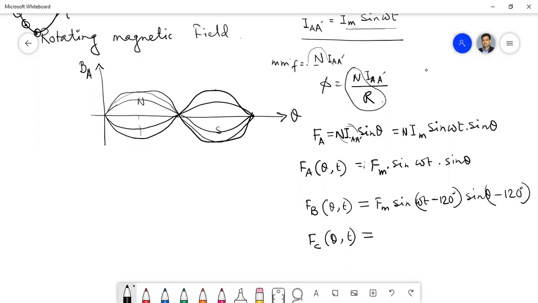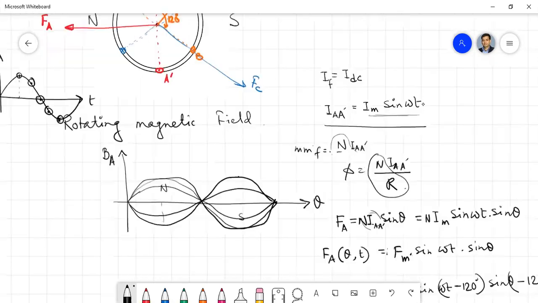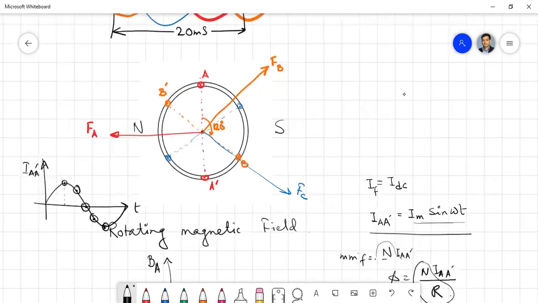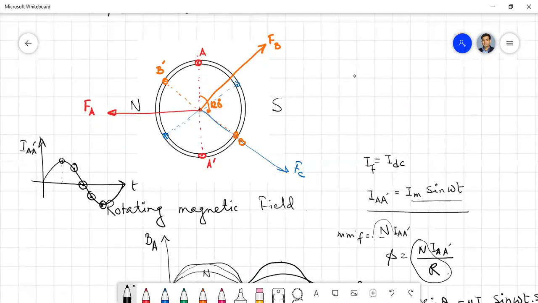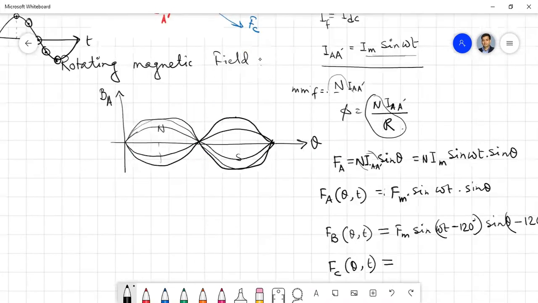Because the B phase coil is getting a current which is lagged behind by 120 degree, but it is also placed at a position that is lagged by 120 degree. So in case of both the time angle and this space angle, you will get minus 120 degree. Are you getting?